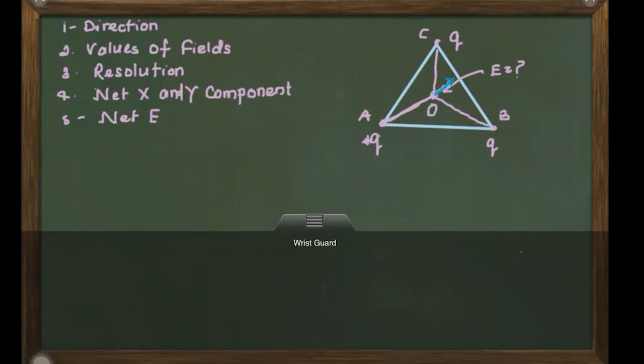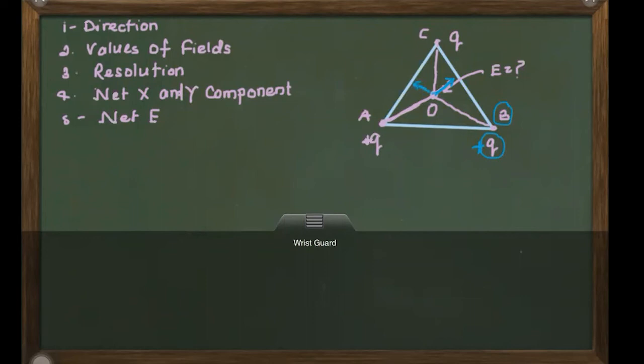Now, if I'm taking the charge Q on B, again this should be taken to be positive, and hence at point O, the field will be away from the source.